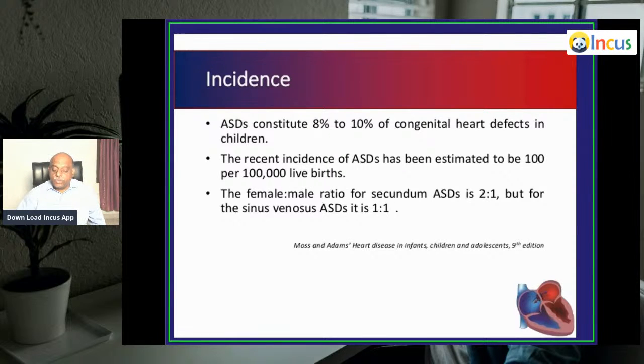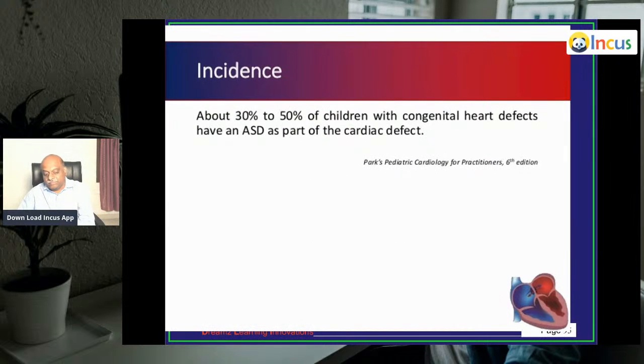ASDs are 8 to 10% of congenital heart defects in children. Secondary ASDs have a 2:1 female-male ratio, but sinus venosus ASDs have a 1:1 ratio. ASDs account for 30 to 50% of congenital heart diseases.